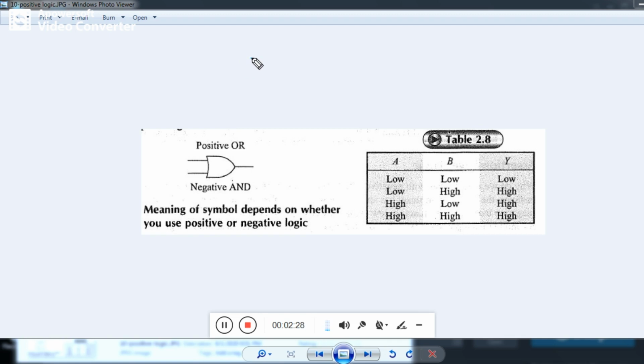We have two inputs A and B. The truth table for the OR gate is 00, 01, 10, 11. Suppose Y is the output, then the output is 0, 1, 1, 1. Clear? This is the truth table for our two input OR gate.